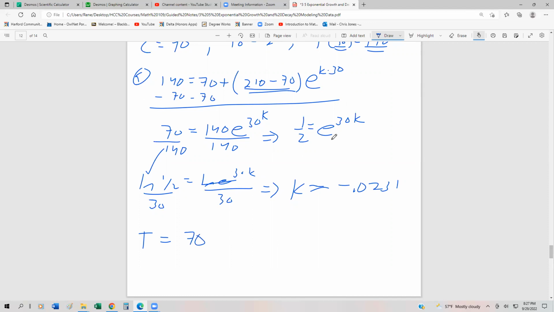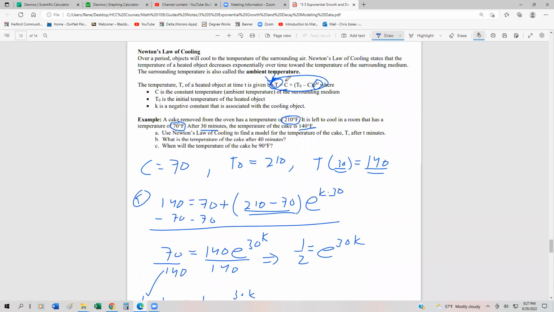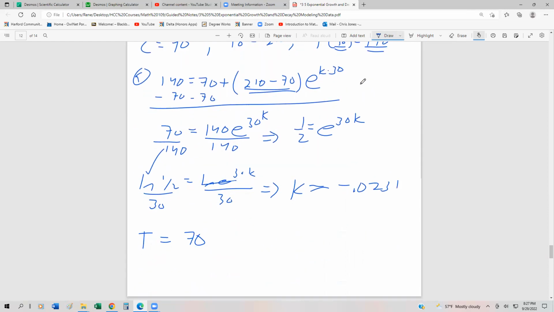And so our model T is going to be equal to whatever C was. All I'm doing is going back up here and substituting back in for everything that I know. So that's going to be T is C plus (T0 minus C) e to the KT. So 70 plus the quantity of the initial temperature, 210 minus 70, e to the negative 0.0231 lowercase t per time.